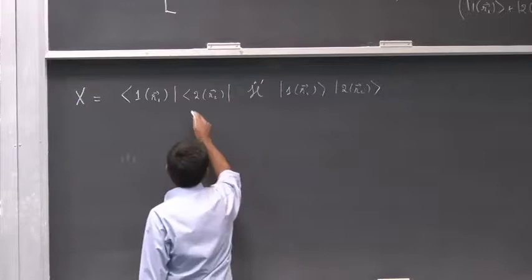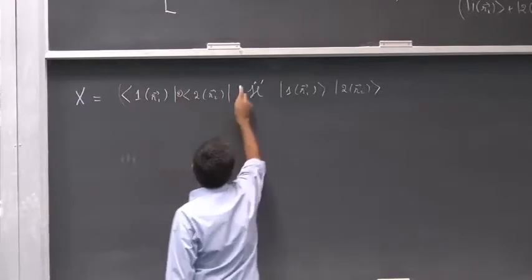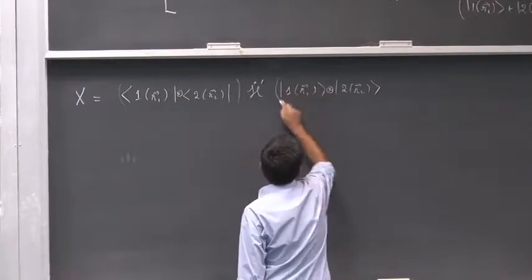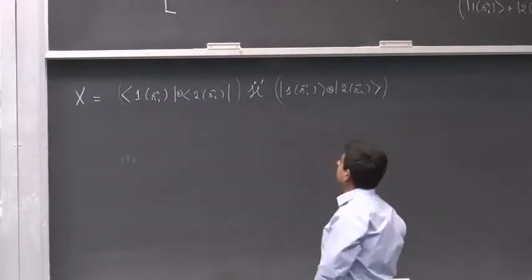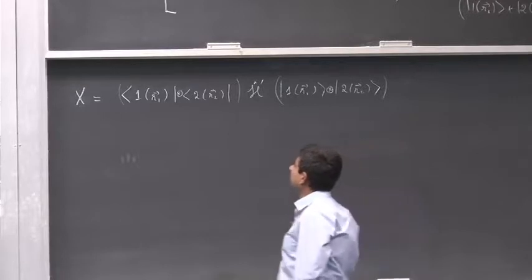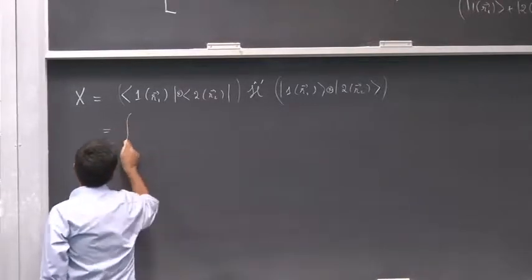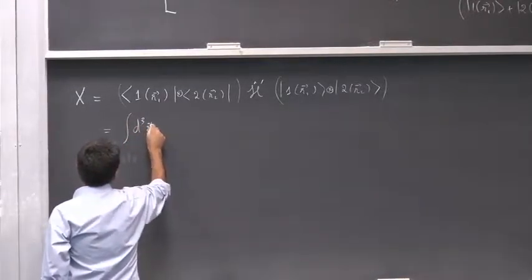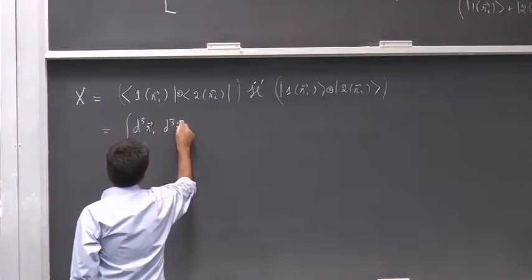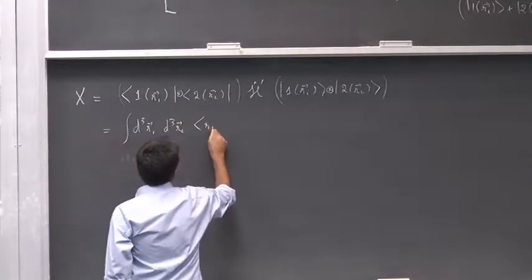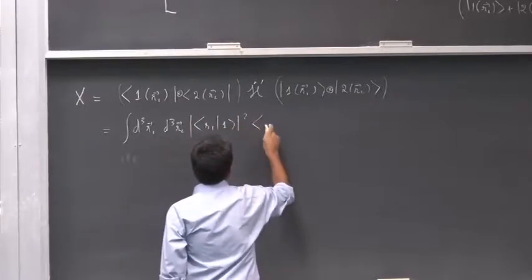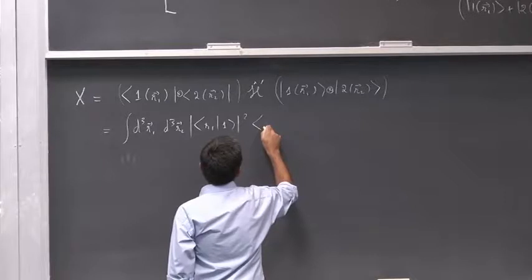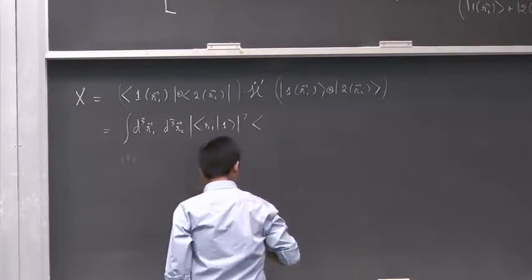So first, this is the first electron here. If you notice, this is given by d cube r1, d cube r2, psi 1 of r1 modulus squared, R. Alright, sorry.